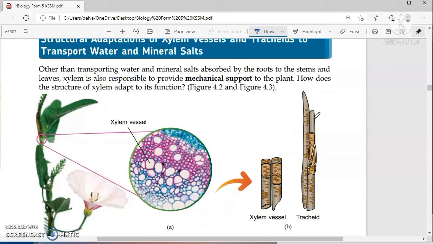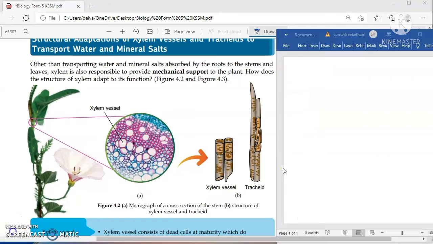Okay, next we see the structure of xylem. What is the function of xylem? Transport water and mineral salt from the roots to the other parts of the plant.